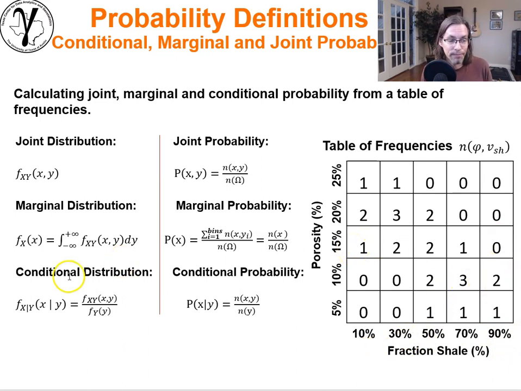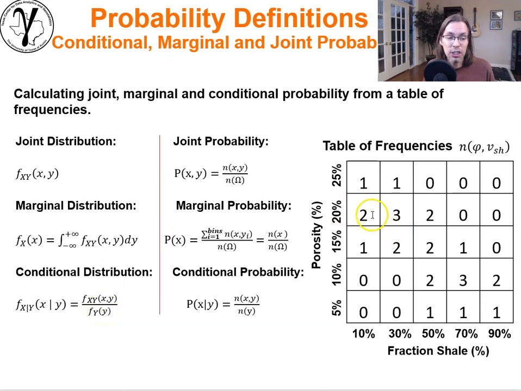Okay, so conditional distributions. You remember all that talk about shrinking our universe? We're still shrinking our universe. So we can solve for the conditional simply by looking at the joint and dividing by the marginal. Okay, so what does that look like?